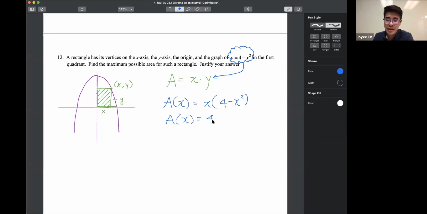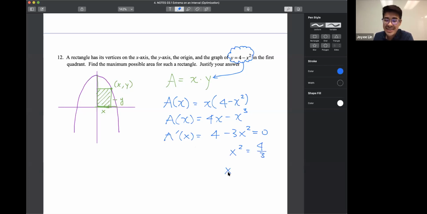Expand, so I don't have to do the product rule, because I don't like the product rule. Now we can take the derivative. A prime of x is equal to 4 minus 3x squared. Critical numbers, right? We set our derivative equal to 0 or undefined. So we get x squared is equal to 4 over 3.